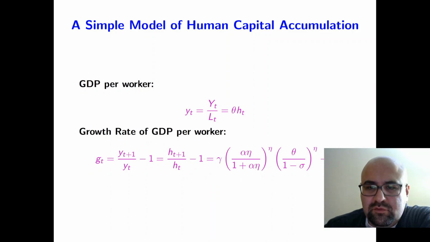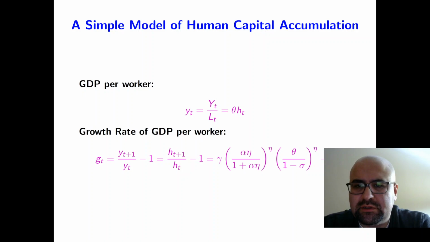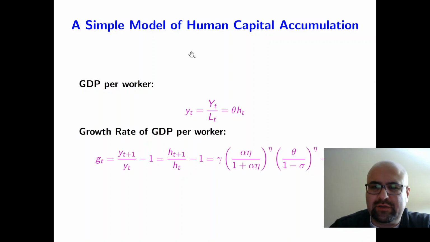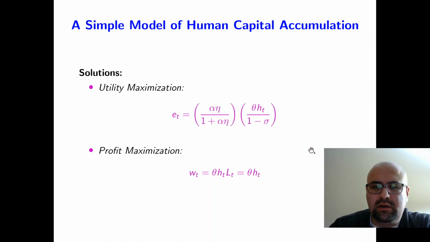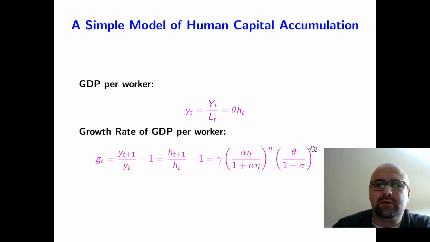Okay, so that would be the endogenous growth rate of this economy. Okay, and it depends on gamma, eta. So the gamma and eta are education technology parameters. I might have a typo here. Yeah, I guess no. Okay, no typo. Sorry.